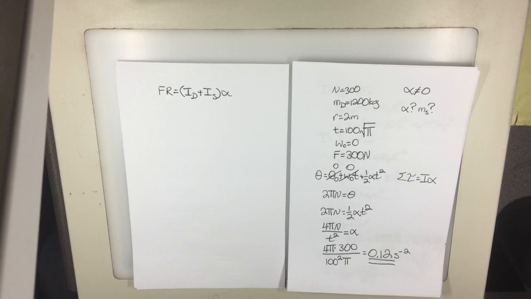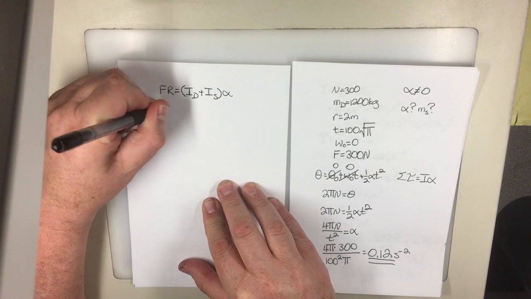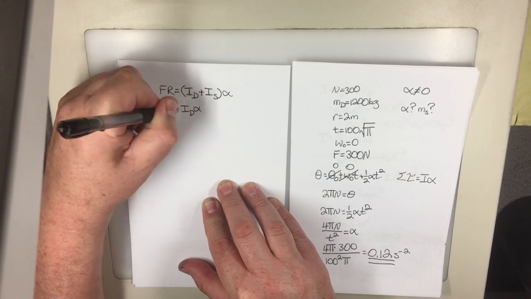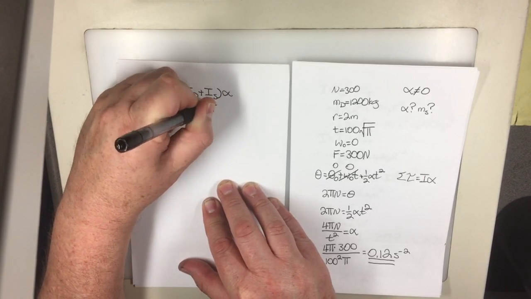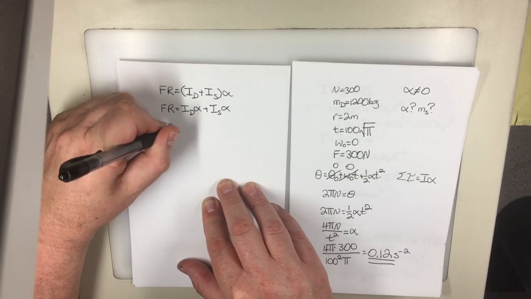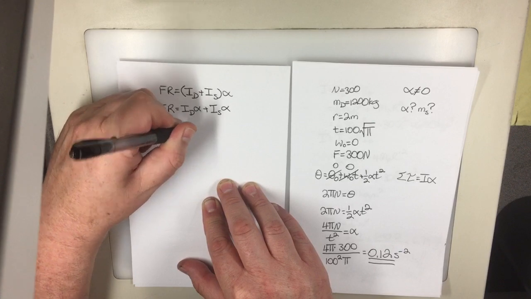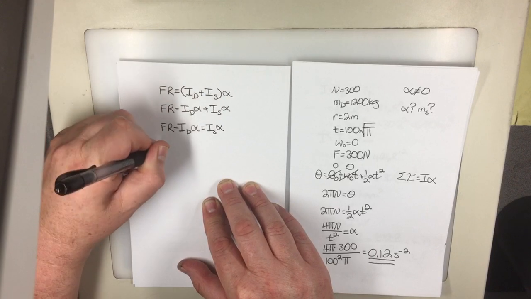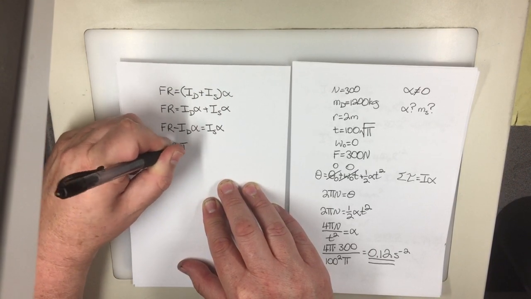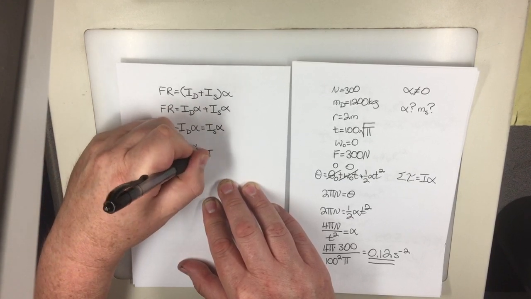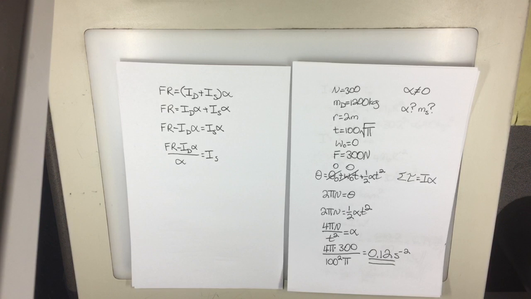So I have alpha. I'm looking for the mass of the stick, so what I'm going to do is Fr equals the moment of inertia times alpha. I'm distributing alpha to get it to this.